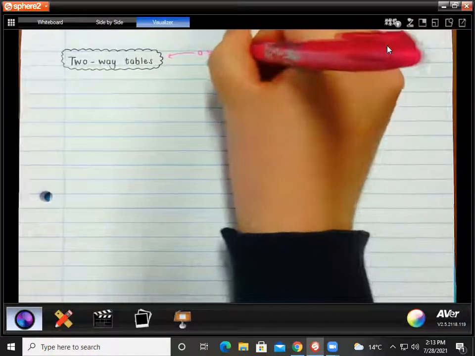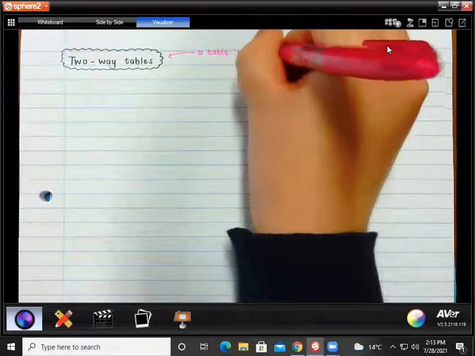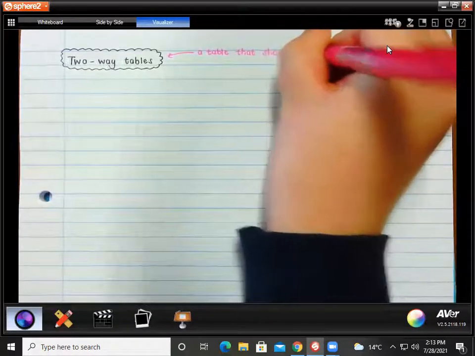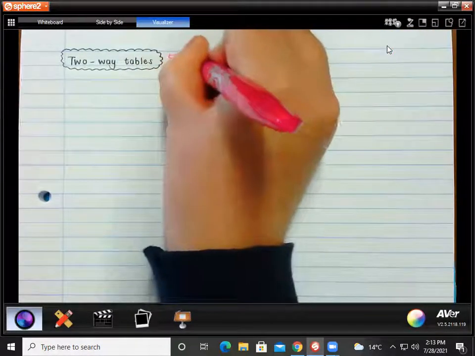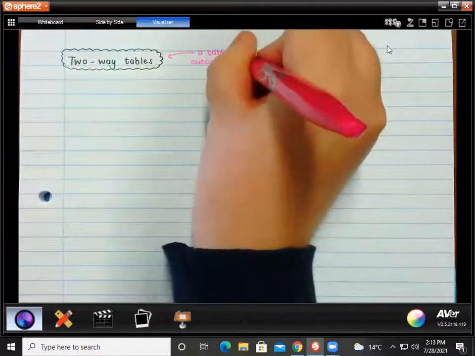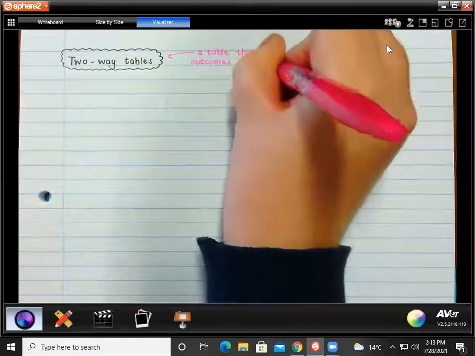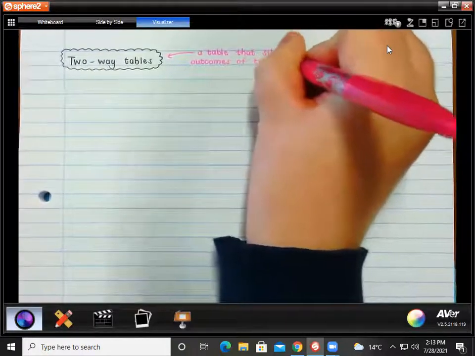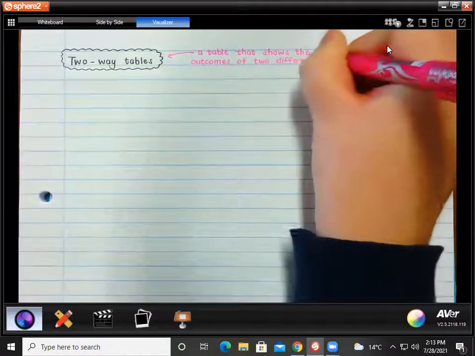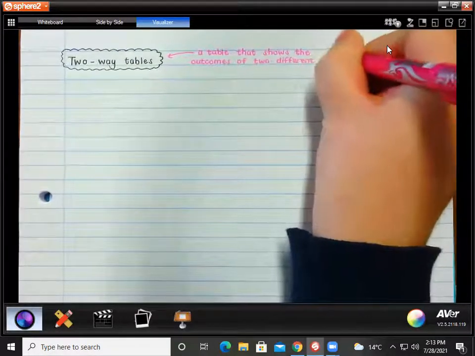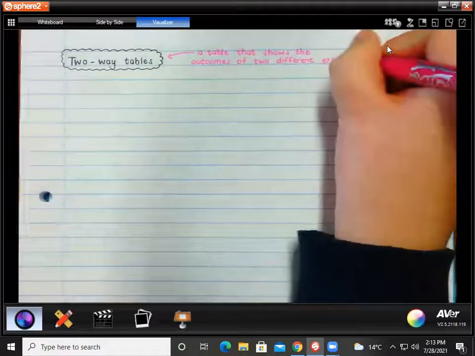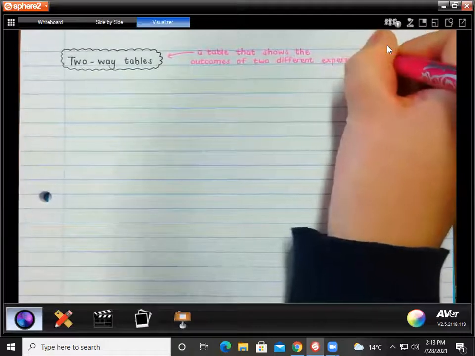So a table that shows the outcomes of two different experiments. It will only be two. It's called a two-way table, so you can't put more than two things in this table.